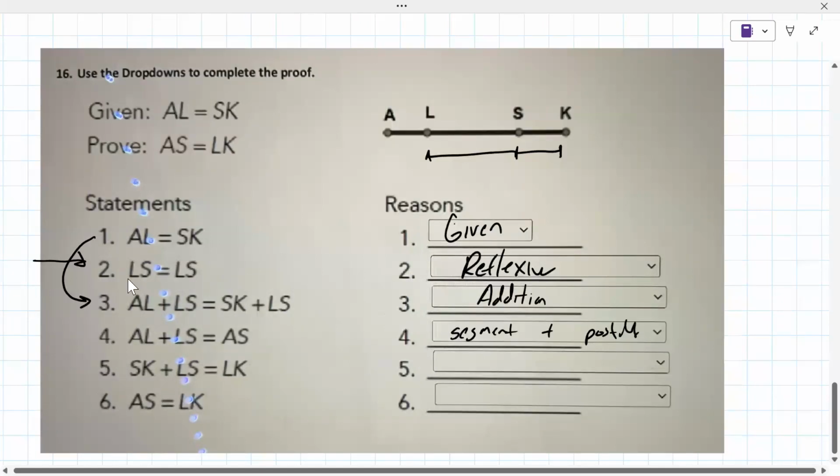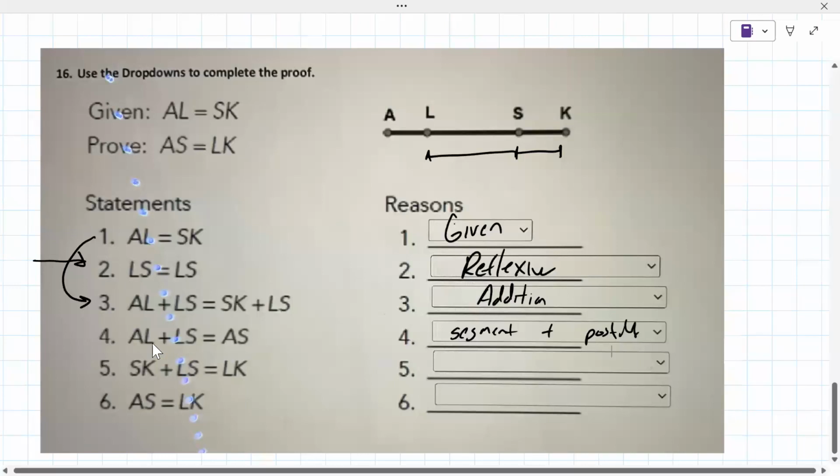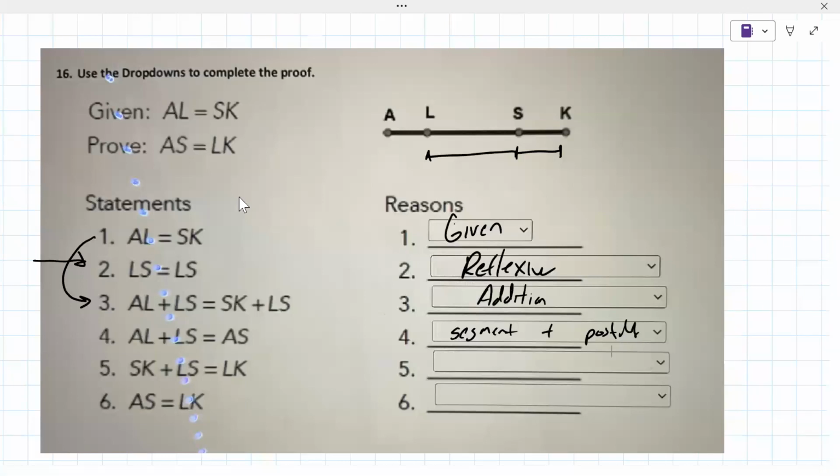Transitive property. Let's see here. AL is really SK and AS, I'm trying to prove that. So I'm looking at what's the same, what's different. To me, it looks like they substituted.